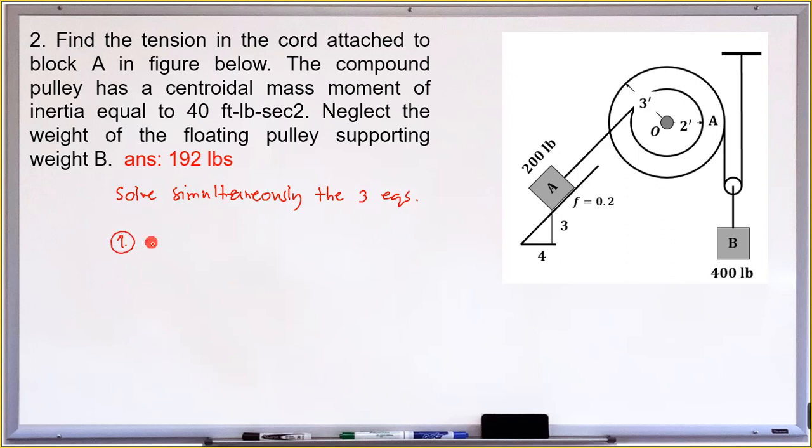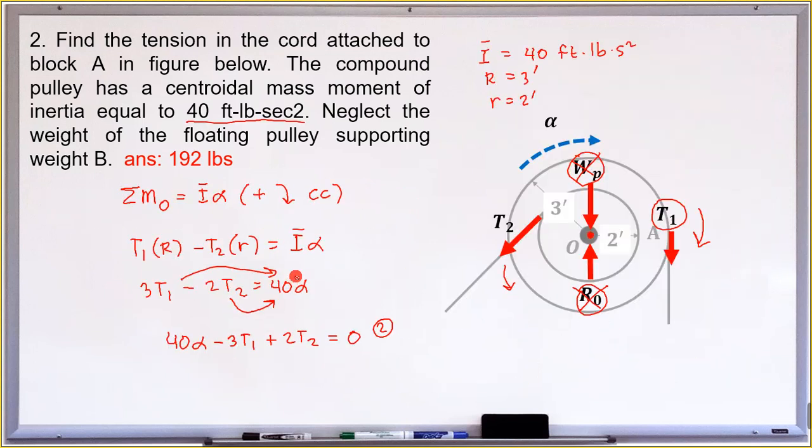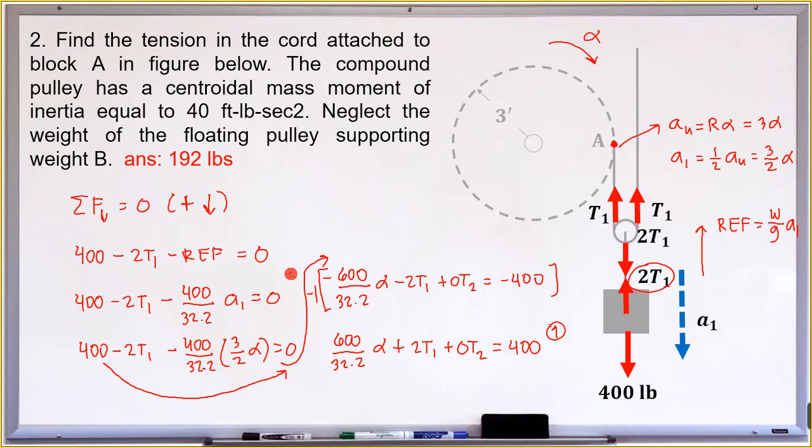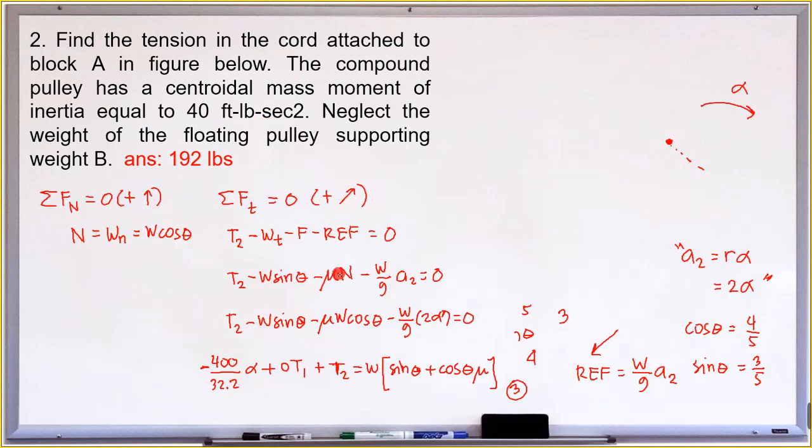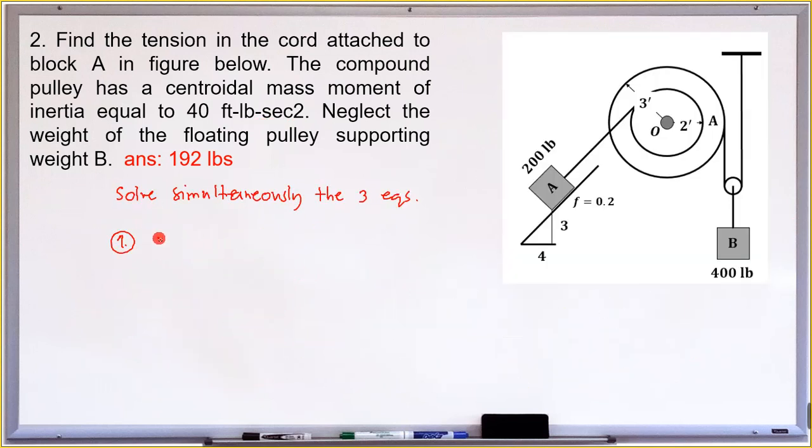Going back to the previous slides, the first equation: 600 over 32.2 alpha plus 2T1 plus 0T2 equals 400. This is our first equation.